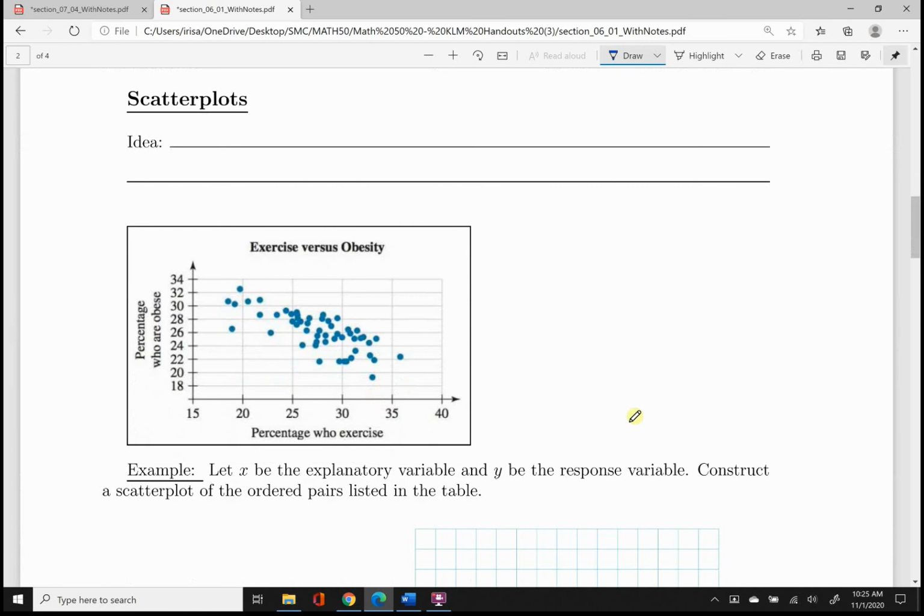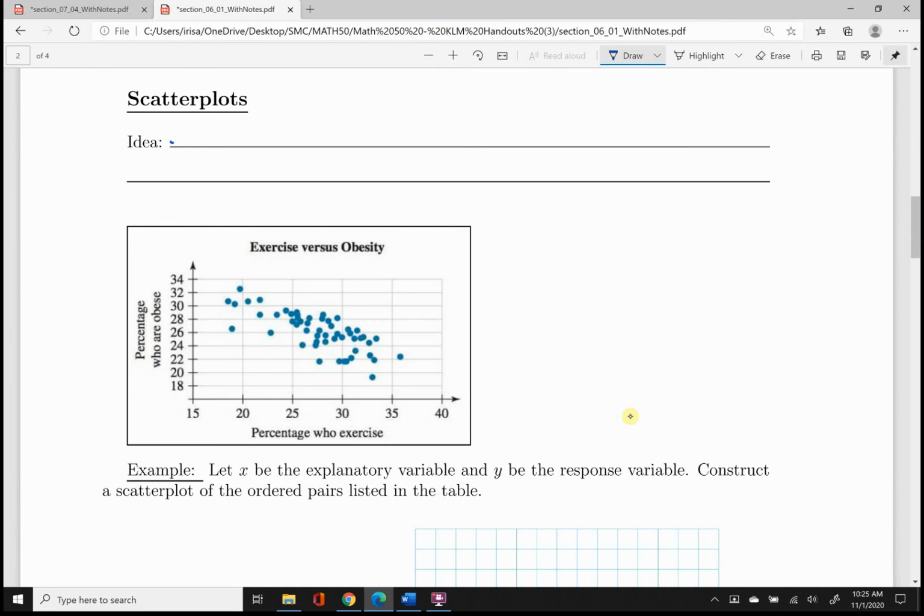Okay, now it's time to legit talk about scatter plots. So what is the idea for a scatter plot? It's basically a way of representing ordered pairs. So plotting ordered pairs in a coordinate system.